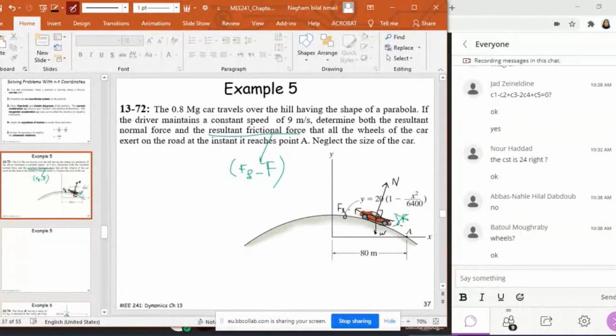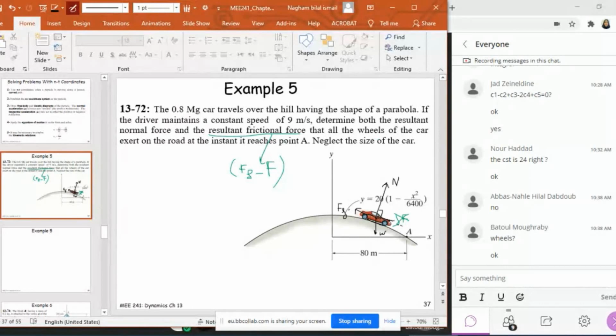What I'm gonna do is to remove this engine force. I'm gonna assume that there is no engine force because in fact it is traveling over the hill under the action of gravity. So I'm not gonna put this motion force. As if this driver is doing a brake, is putting his legs on the brakes.